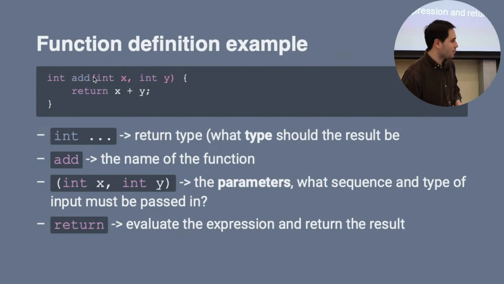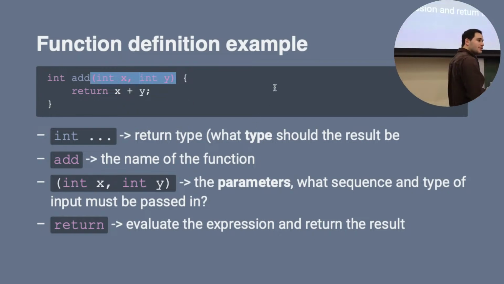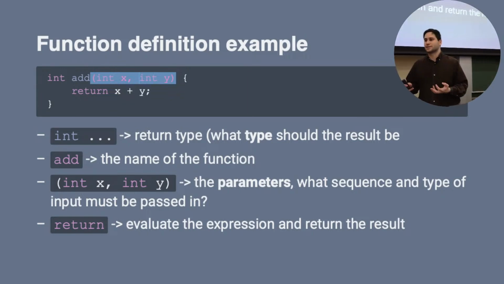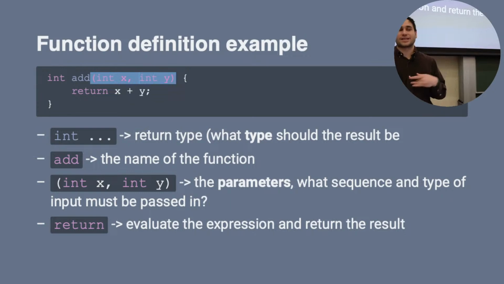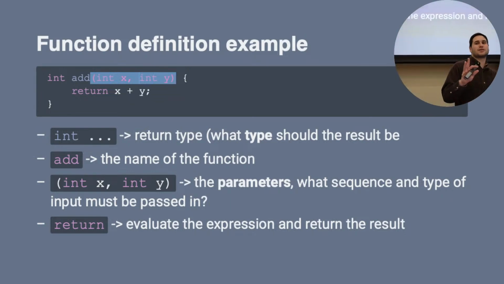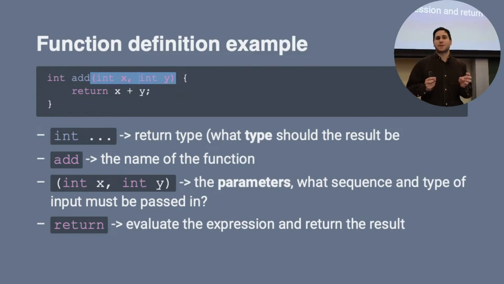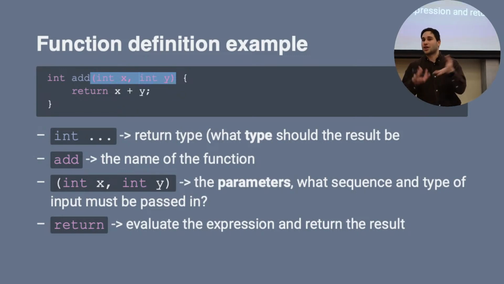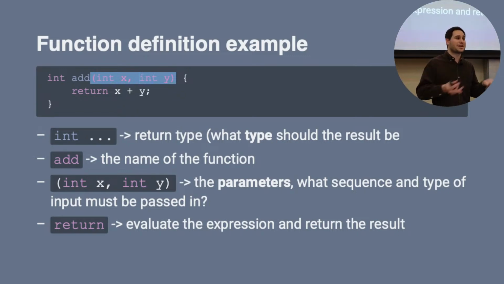All right, next we have the input. This is the input, or the parameters. There's a little bit to talk about here. First thing is quite simple. It's basically what is required input for this function to do its job. So if I want a function that adds 2 numbers together, what must the input be?